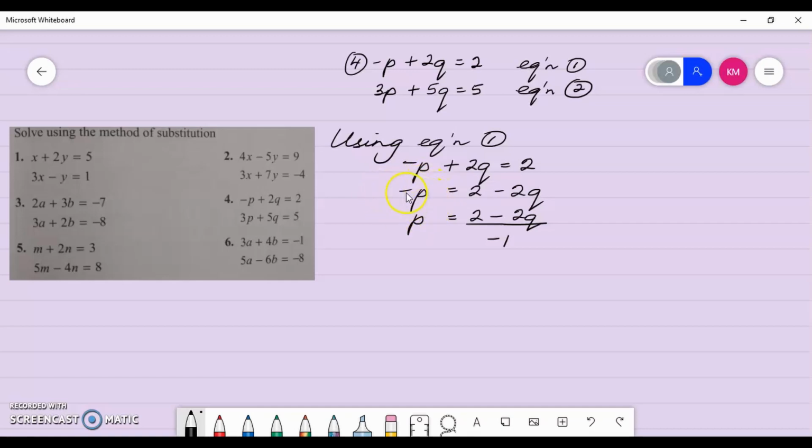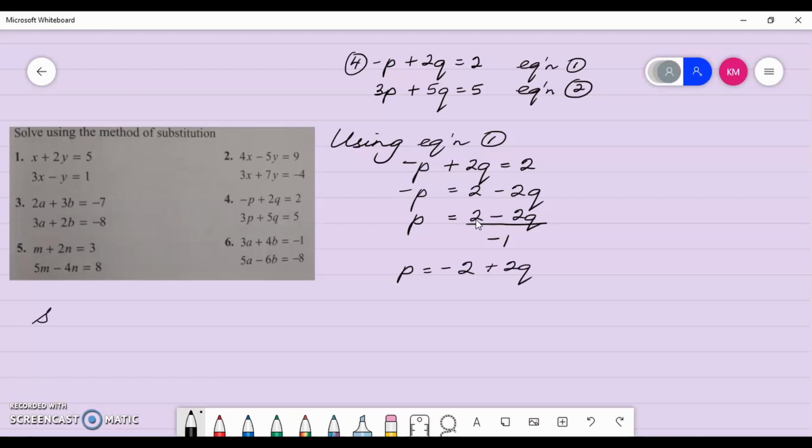So when I carry that negative 1 across on the other side, I'm going to get divide by negative 1. So when I'm dividing by a negative 1, my signs for my terms simply change. So that 2 there was positive, it now becomes negative, so that's negative 2. And 2q was negative, it became positive.